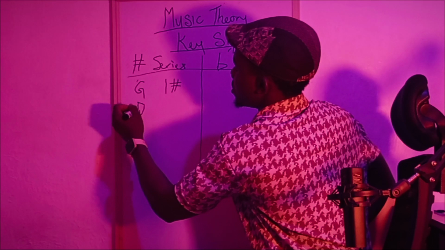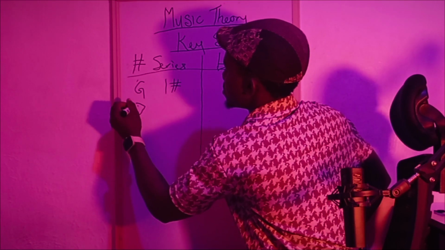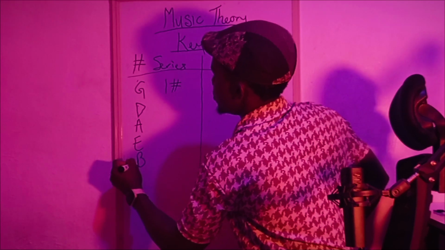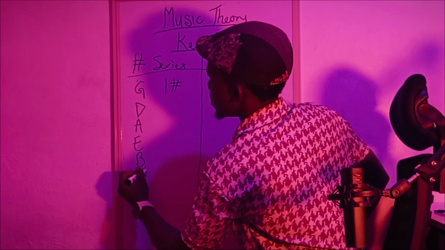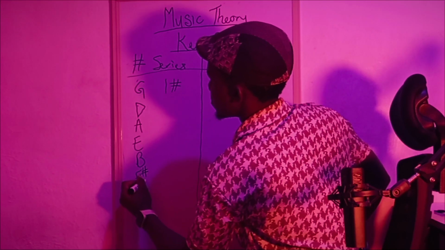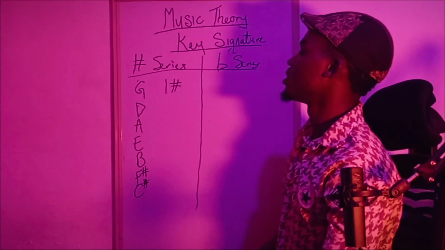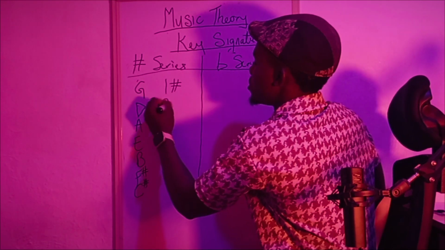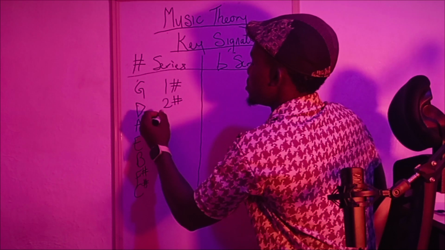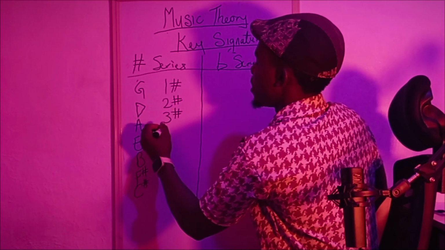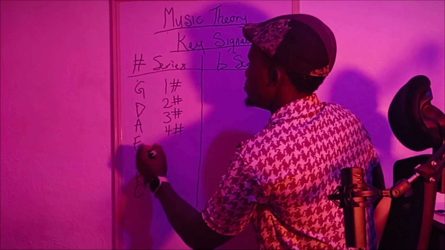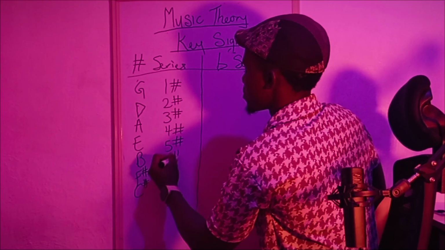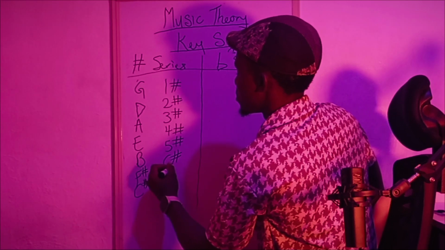Let's list the keys first: D, A, E, B, F sharp and C sharp. If you have any question, don't forget to drop it in the comment section. So we have D has 2 sharps, A 3 sharps, E 4 sharps, B 5 sharps, F sharp 6 sharps and C sharp 7 sharps.